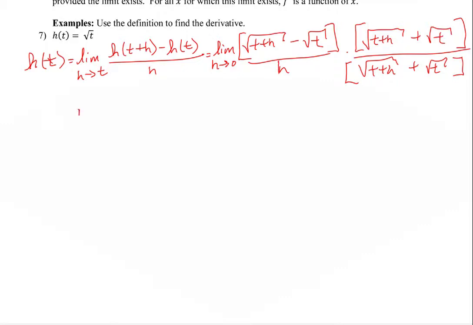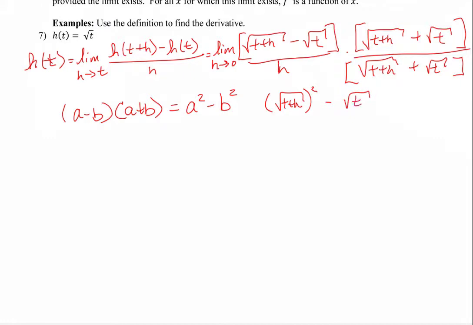Now remember that when I have a minus b times a plus b, that equals a squared minus b squared. So for square roots, that's going to be the square root of t plus h squared minus the square root of t squared. Well, that gets rid of the square root.